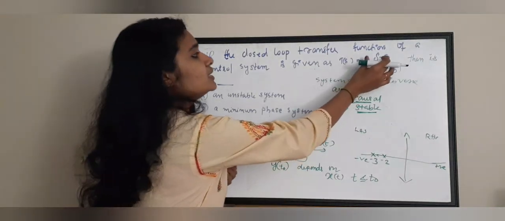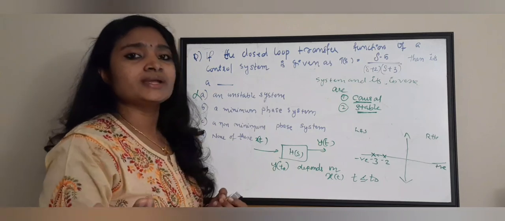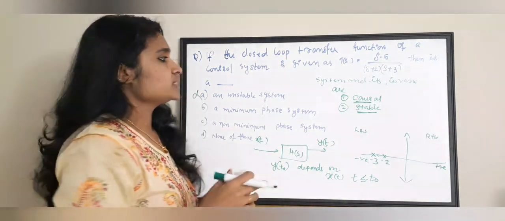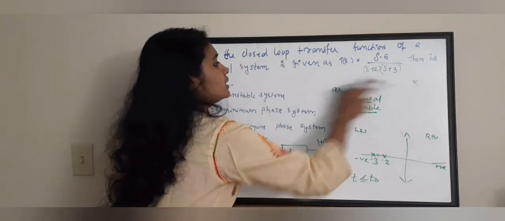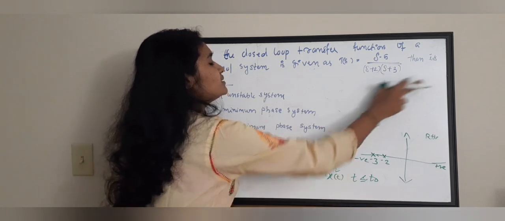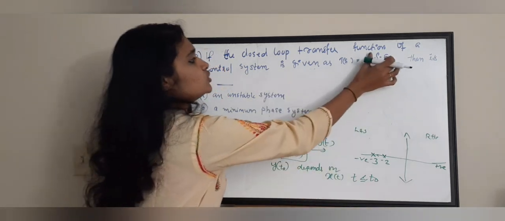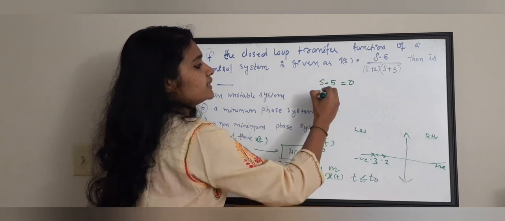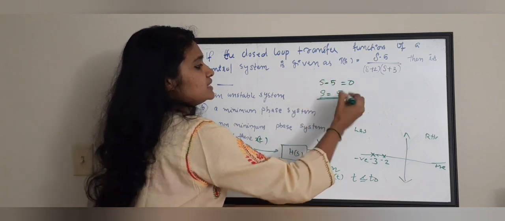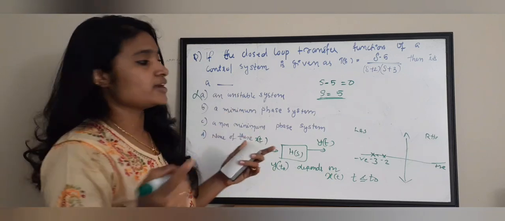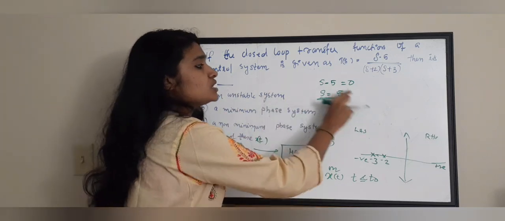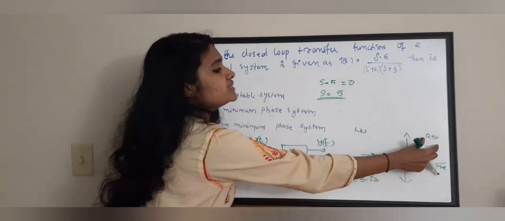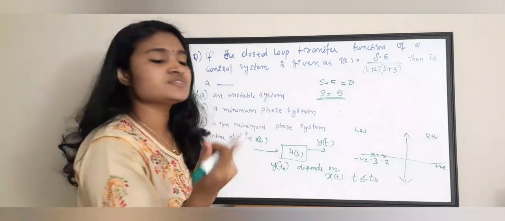If we equate the numerator to zero, we will get the zeros, right? So I'm going to check the zero of the system. The numerator is s minus 5, and if you equate it to 0, you get s equal to 5. So s equal to 5 is your zero value, and it lies on the right hand side, or the positive side.